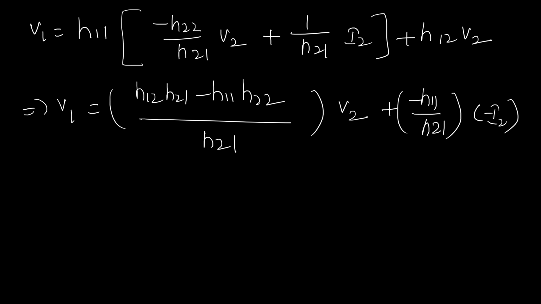Okay, so now call it as equation 6. Now you compare this sixth equation with the first equation, where you can get this portion as A and this portion as B. That's it. Okay, so we got the relations for A, B, C, D in terms of H parameters.